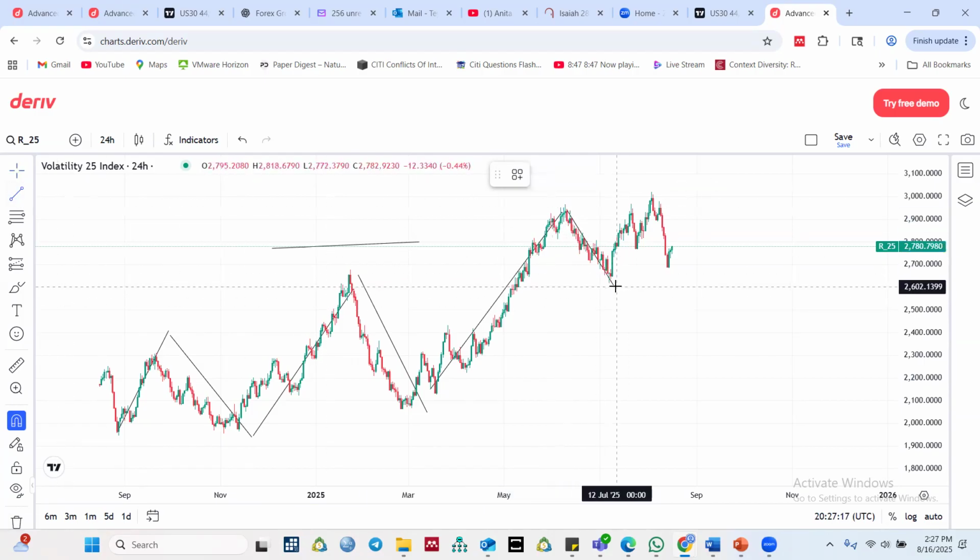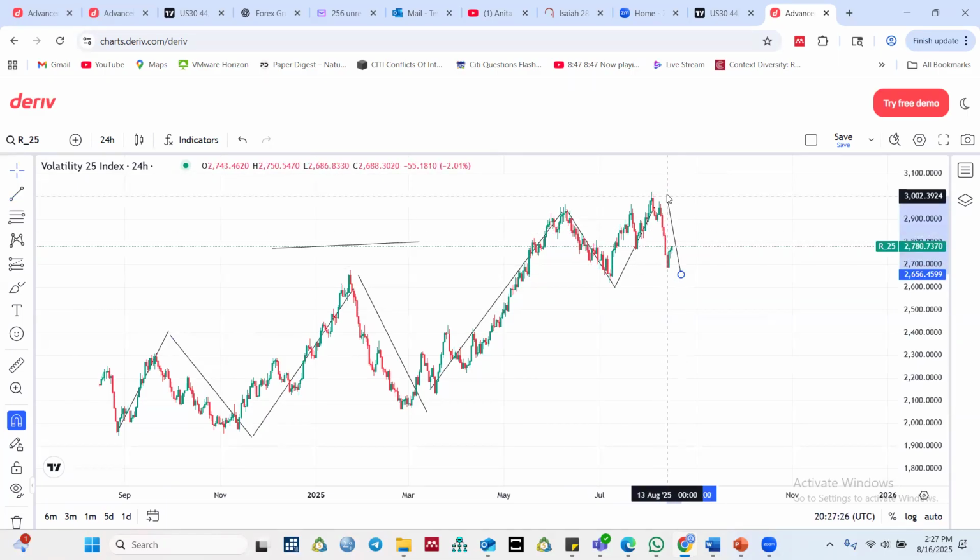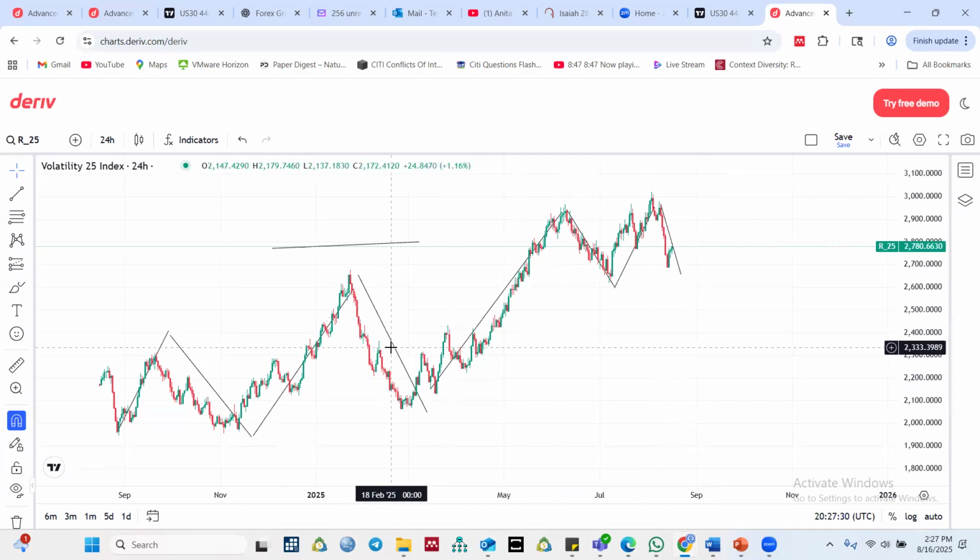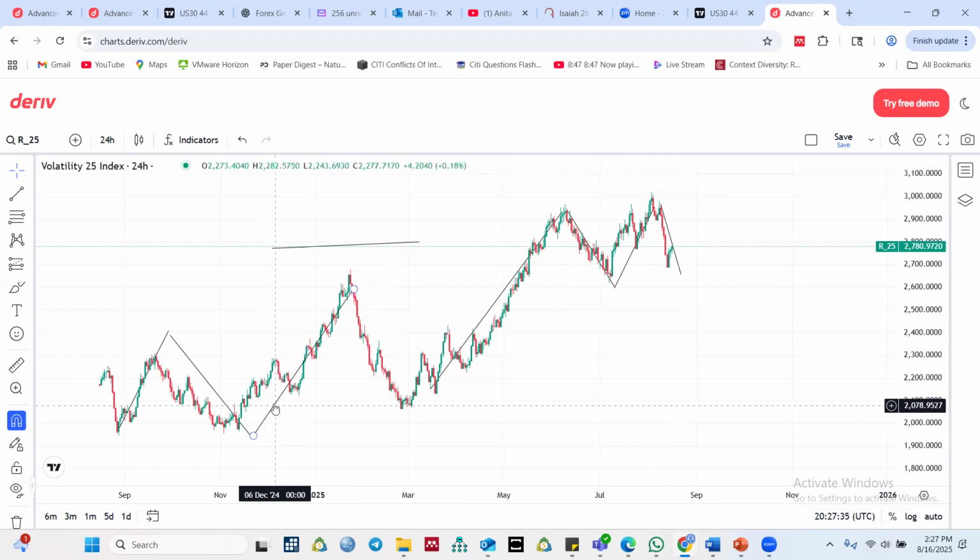And it gives us a higher high again and has given us a lower high. So this is what we can call an uptrend. This is a clear uptrend.